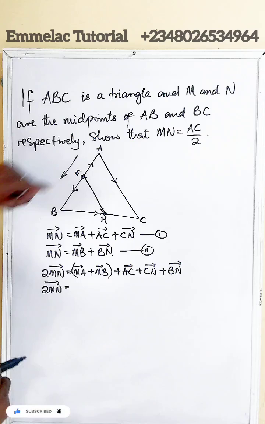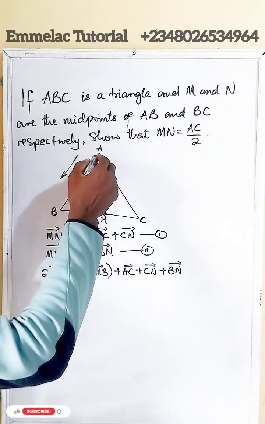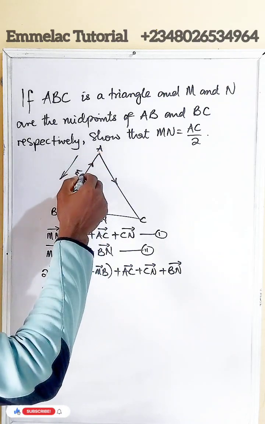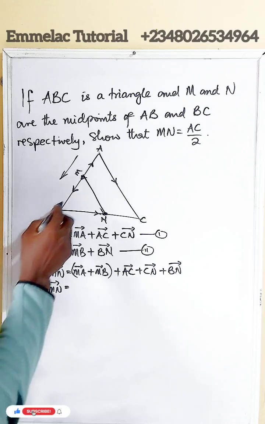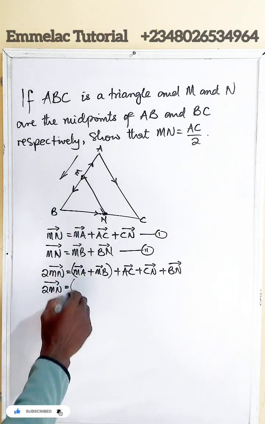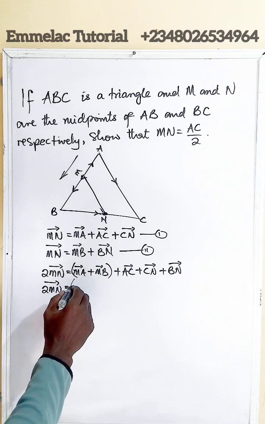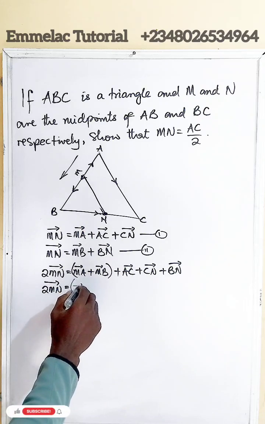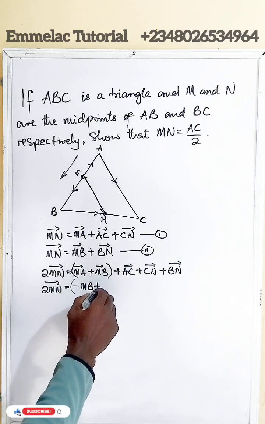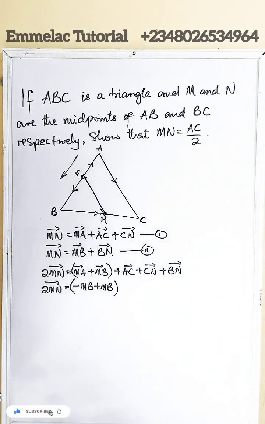Now, since M to A is opposite to AM, we can say here that they have the same magnitude, A to M having the same magnitude as M to B. So here MA can also be minus MB, plus MB. Okay, right?